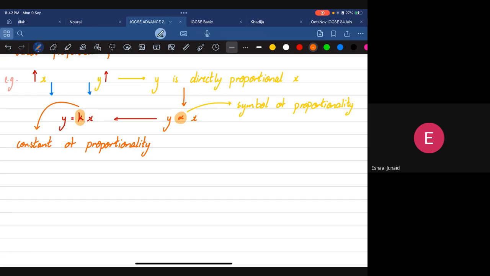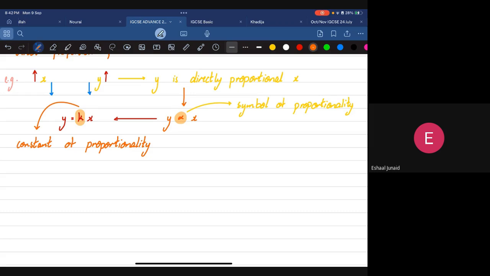Keeping in mind that her car is going to consume more petrol per kilometer, that means the number of kilometers is directly proportional to the petrol consumed.